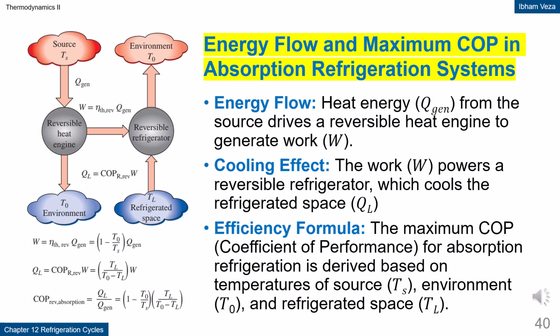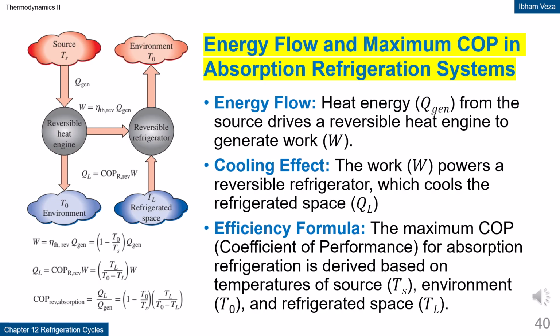Energy flow and maximum COP in absorption system. An absorption system can be analyzed as a combination of a reversible heat engine and a reversible refrigerator. Heat Qgen is used to produce equivalent work that then drives the cooling process. The maximum COP of this system depends on the temperatures of the heat source, the environment, and the refrigerated space.